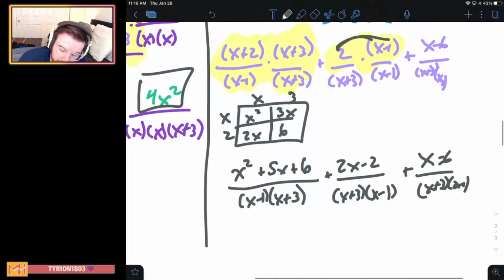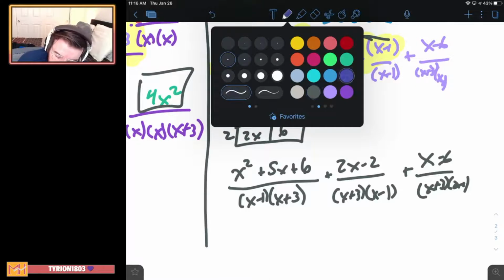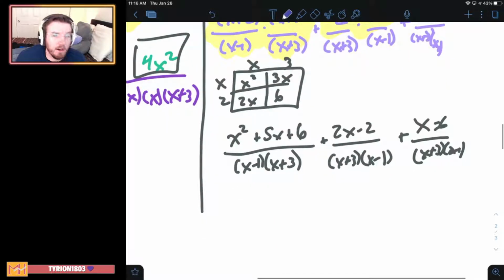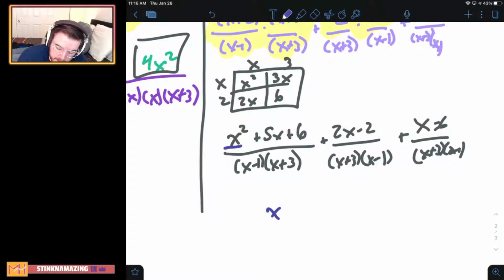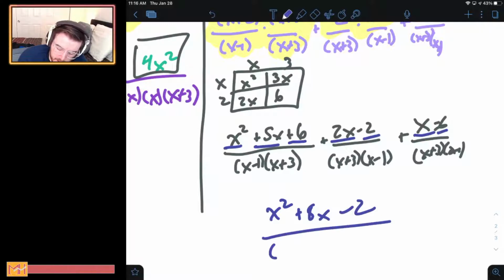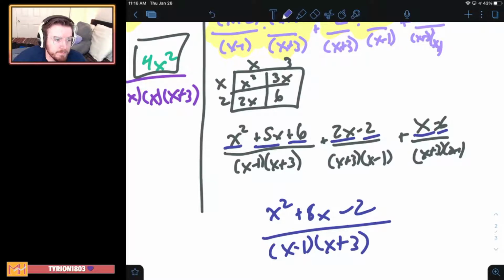So now that we have the same denominator across the board, we just add together our like terms. So x squared, there isn't another x squared. 5x, 2x, and x is 8x. 6, negative 2, and negative 6. Well, those cancel, and I'm left with minus 2 all over x minus 1 times x plus 3.